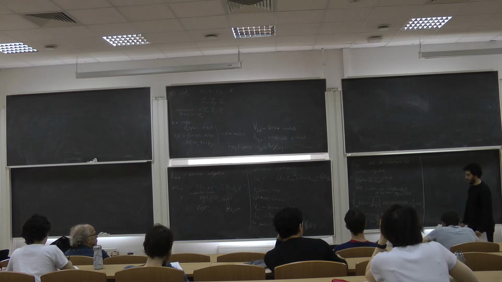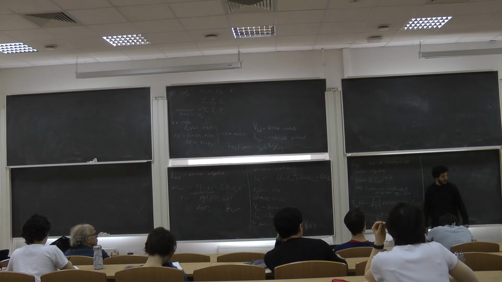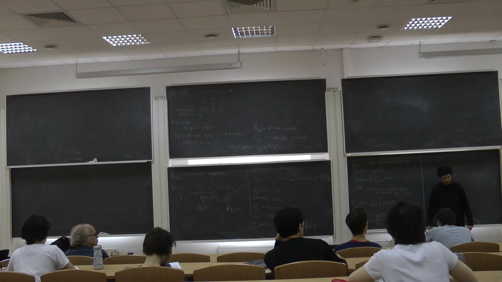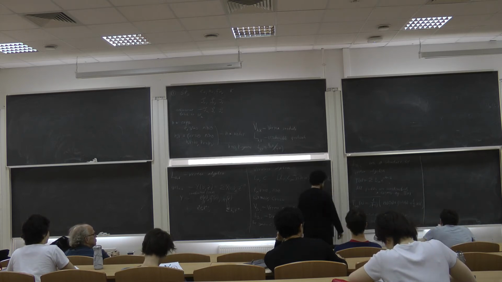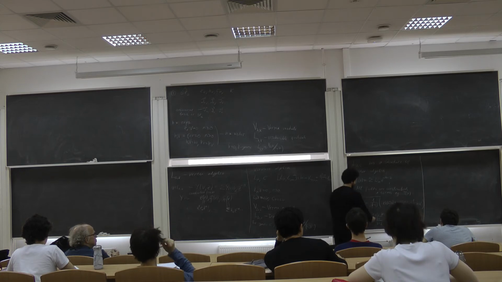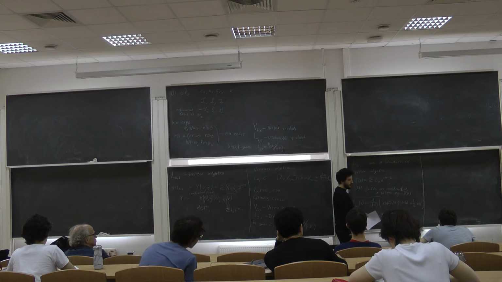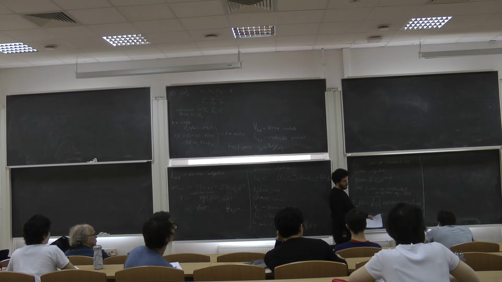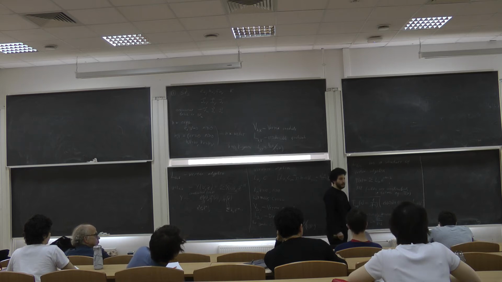And from the critical level, if k goes to infinity, it should go to 3, the number of fields in SL2. So there are several reasons to guess the formula without calculations.